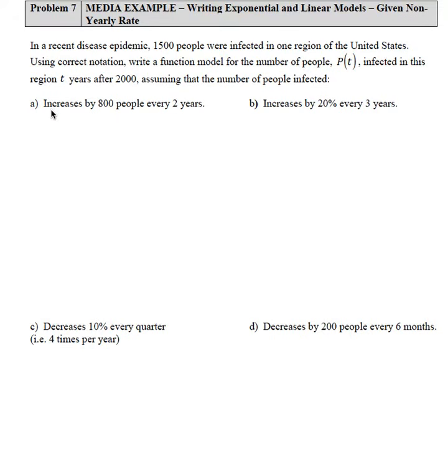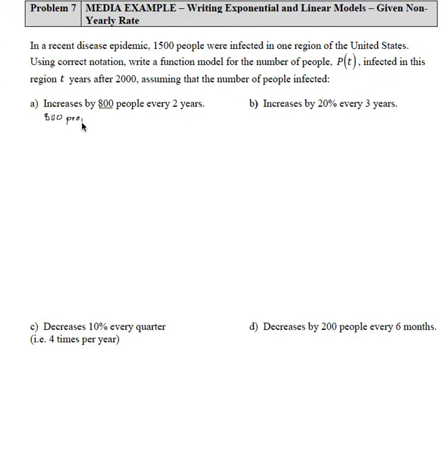In part A, the number of people infected increases by 800 people every 2 years. Because I'm told the exact number of people that are impacted, that is a linear situation. So I need to find my slope.